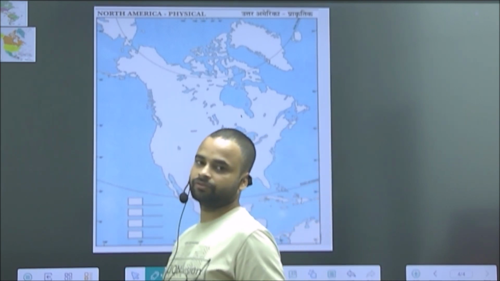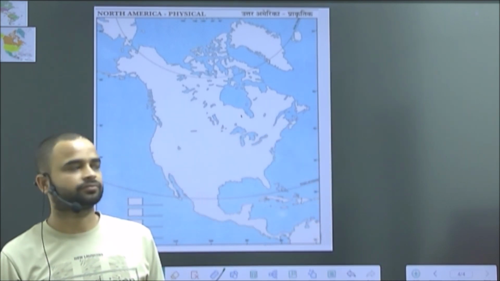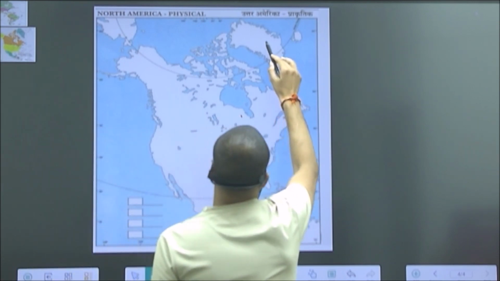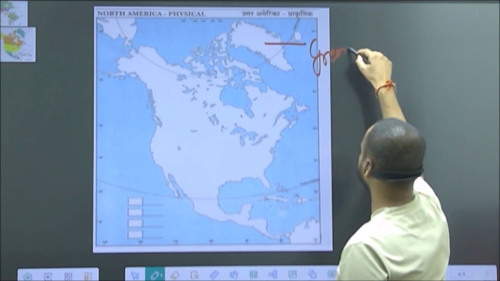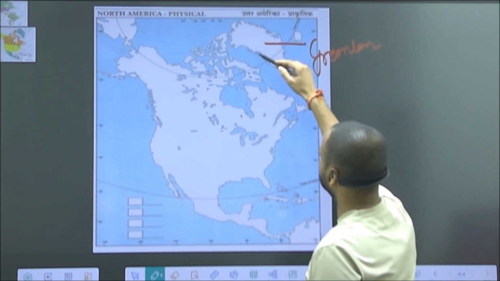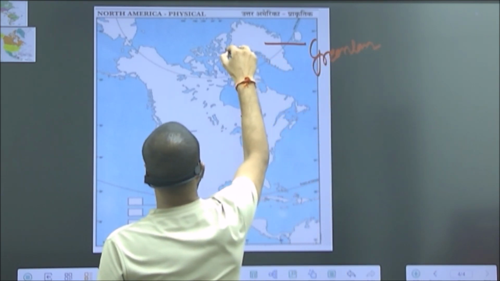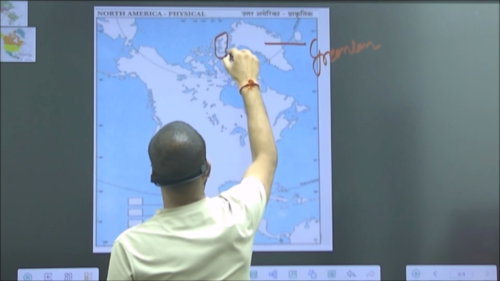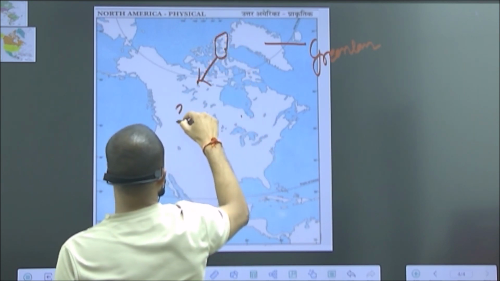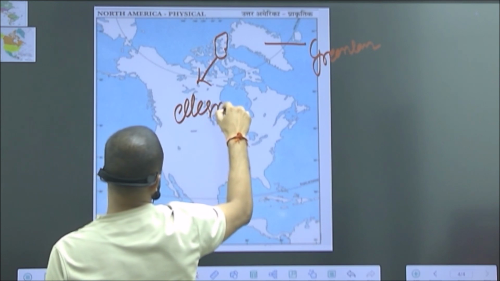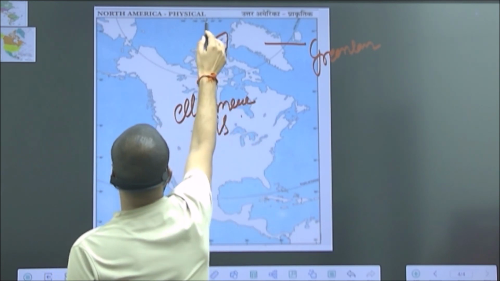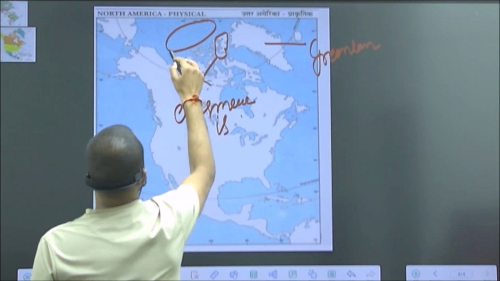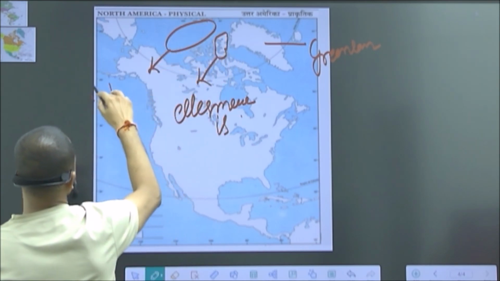This is the map of physical North America. Here I can discuss, it is Greenland. This island is known as Ellesmere Island. This sea is known as Beaufort Sea.